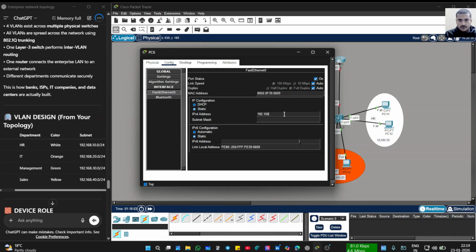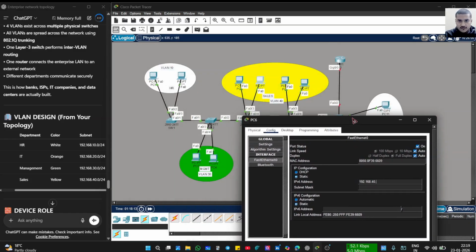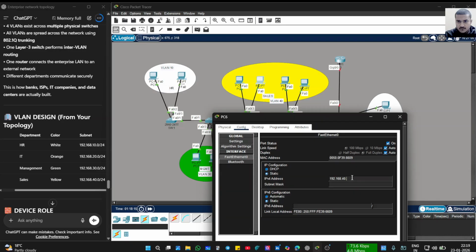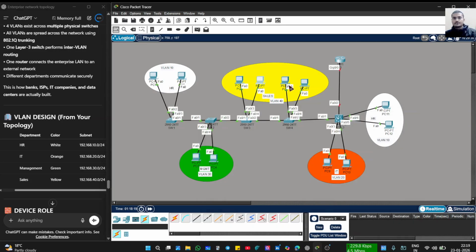192.168.40.10. This is the PC6, it means that the second one would be 11.